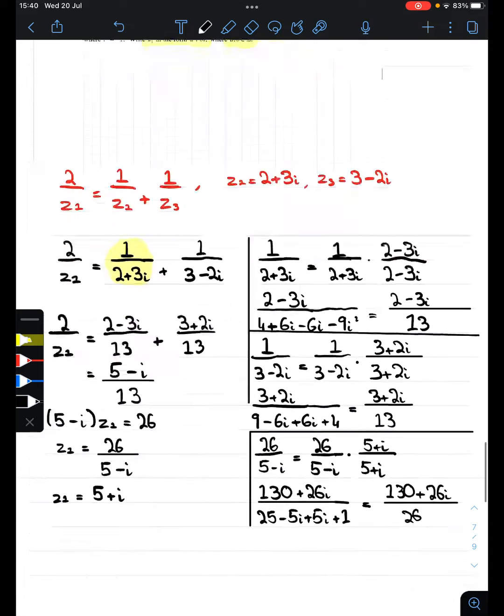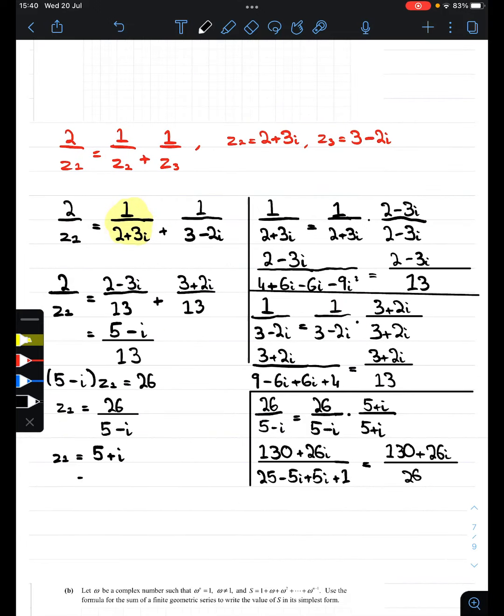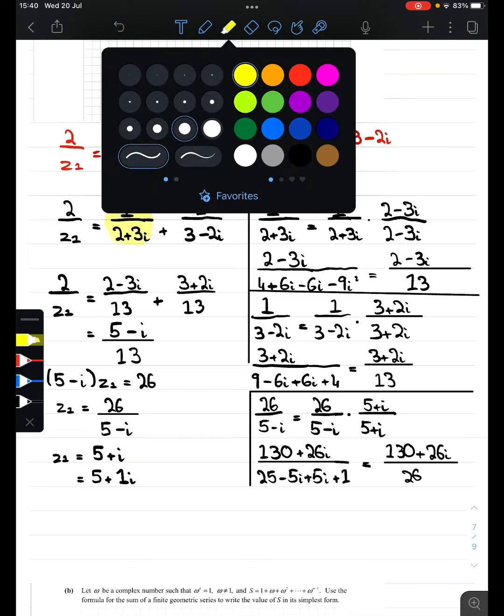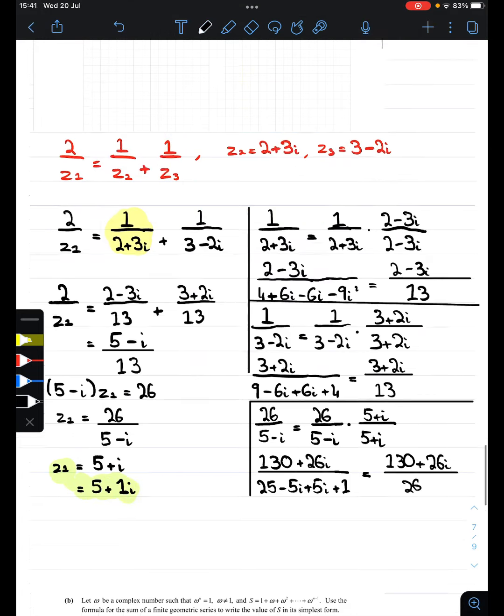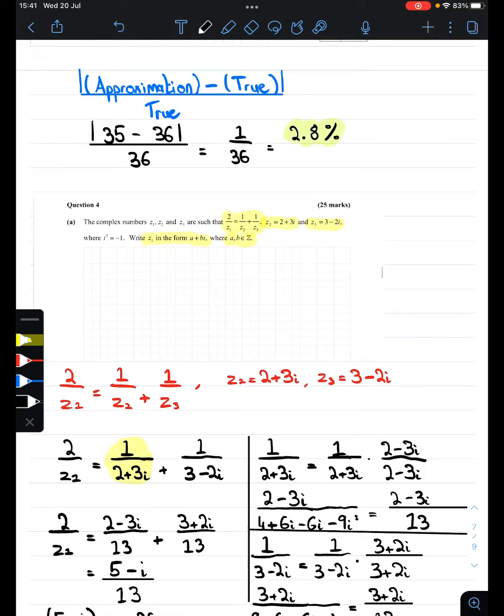It asks us to write a plus bi, so I suppose we would just write this 5 plus 1i, although it doesn't make any difference. And that would be our answer. z1 equals 5 plus 1i. So let's put that into our box: 5 plus 1i.